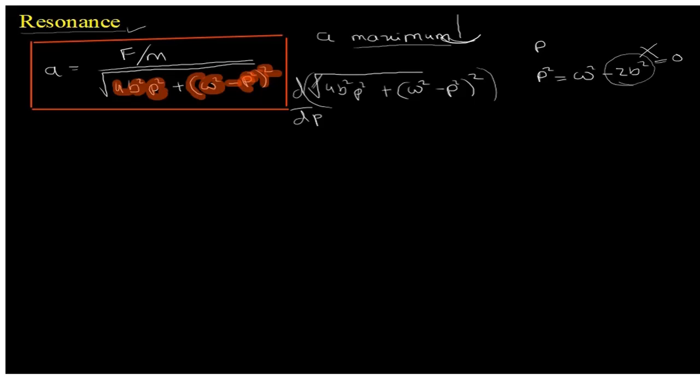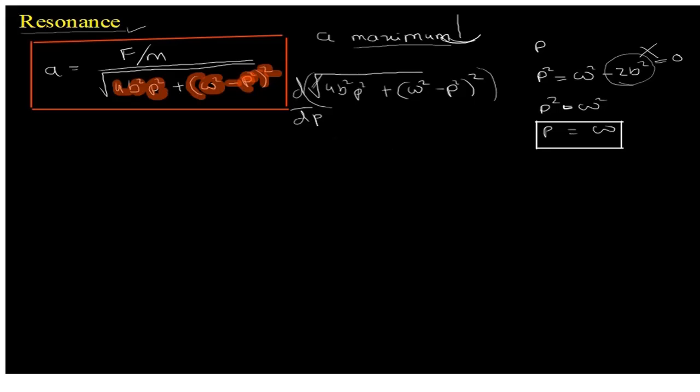So in that condition we can easily say p square is equal to omega square, or p is equal to omega. This is the condition we are going to substitute here.